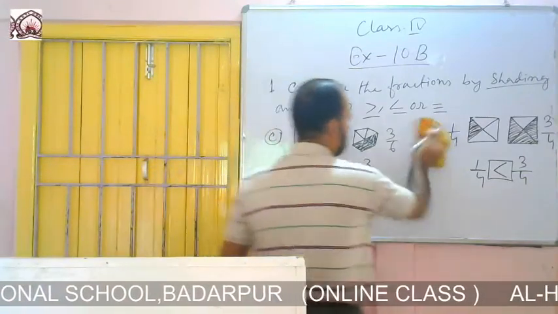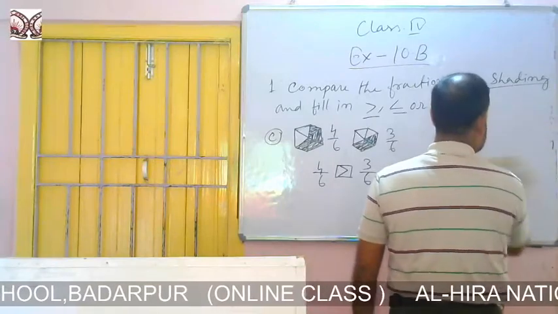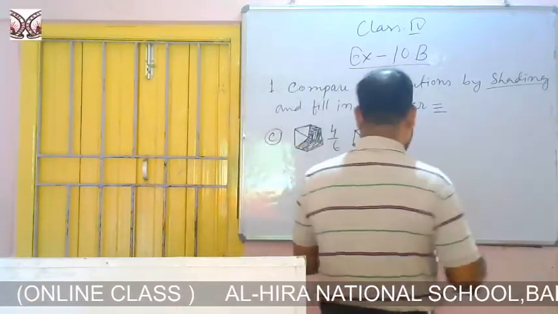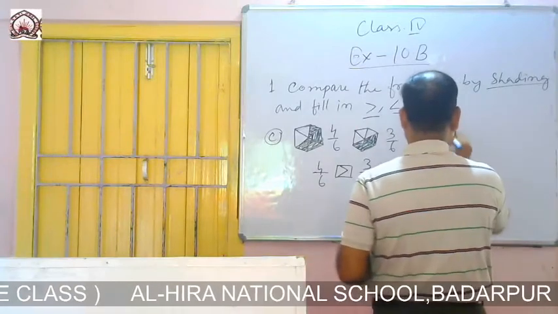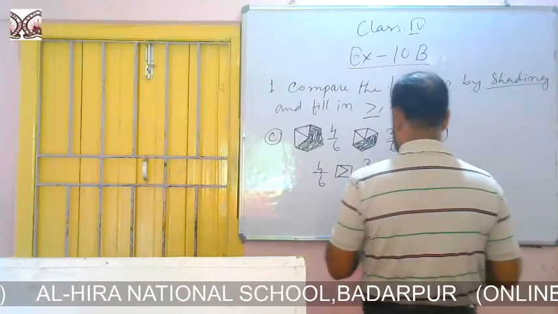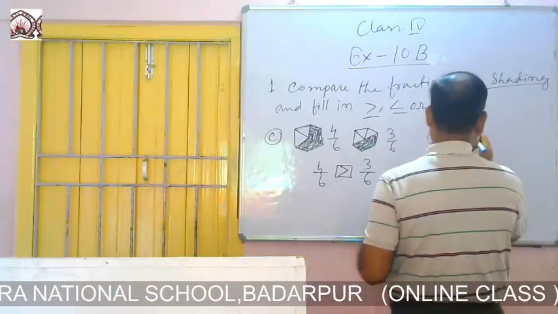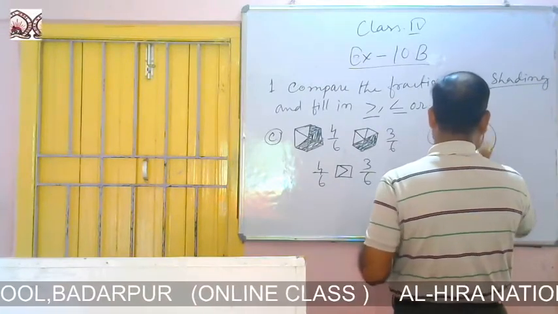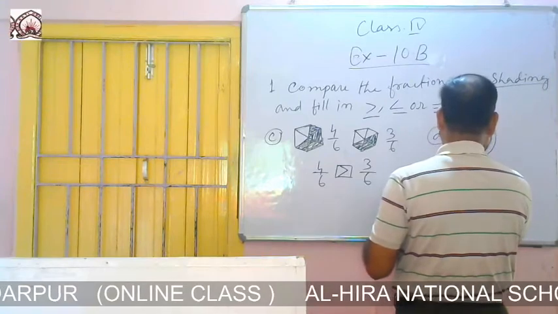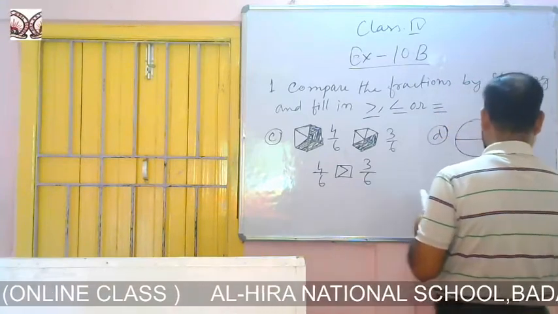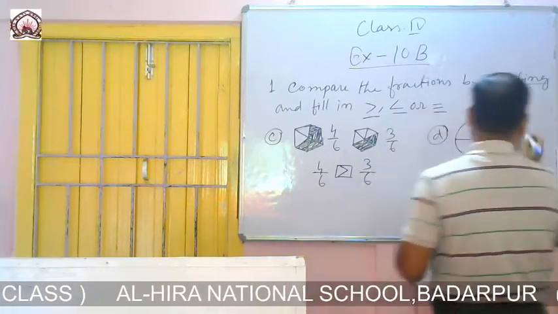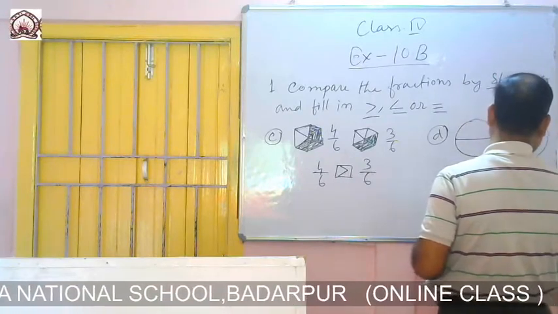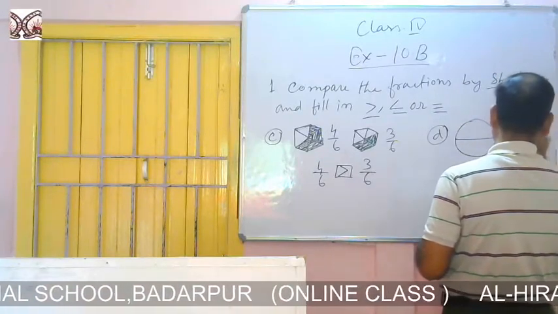Next, question number D. One circle, we divided into 2 equal parts. Same circle, we divided into 4 equal parts.